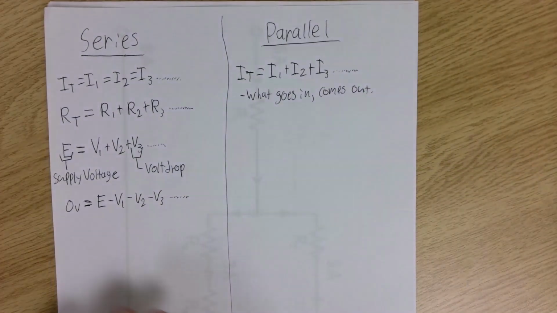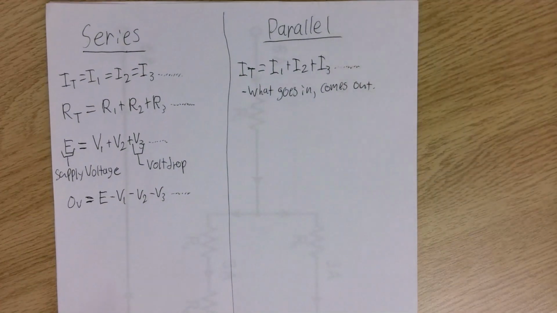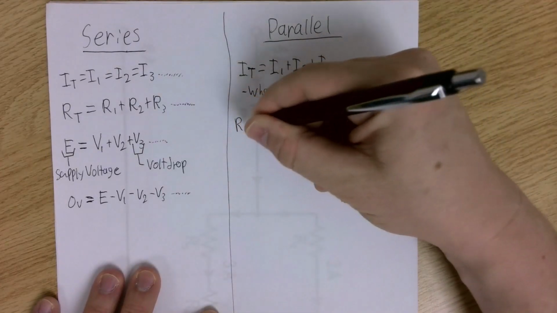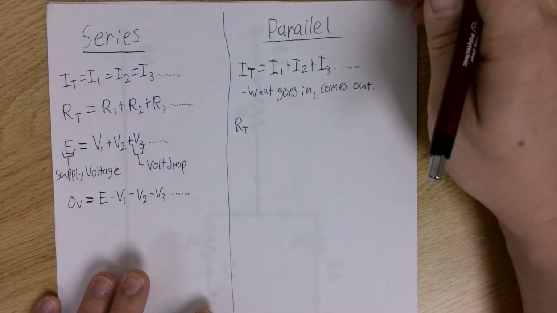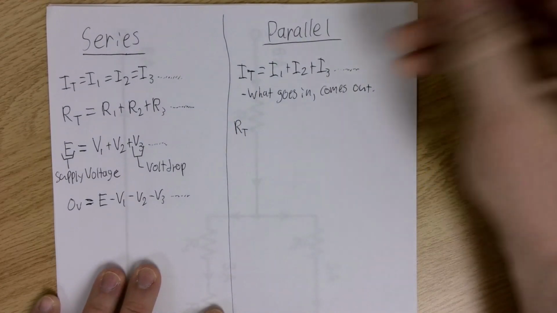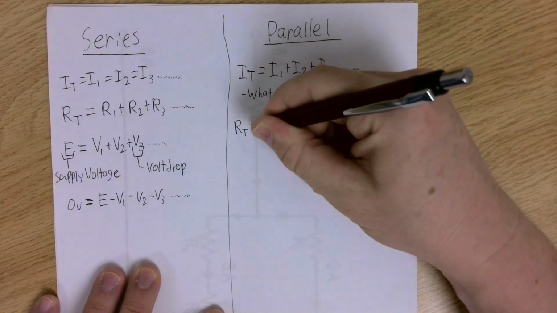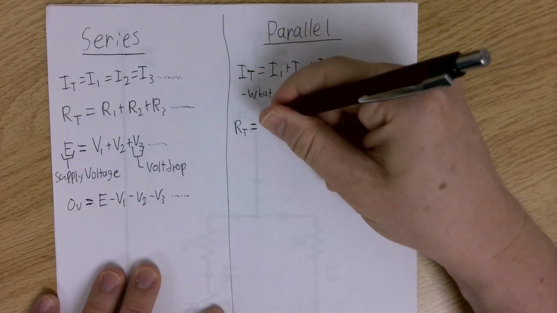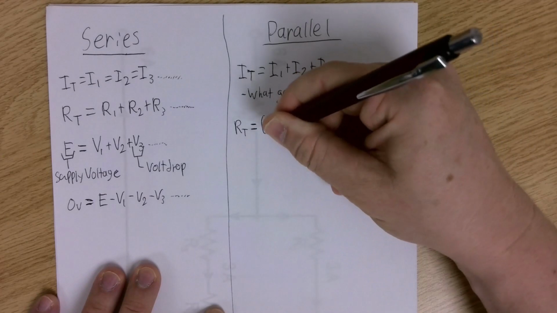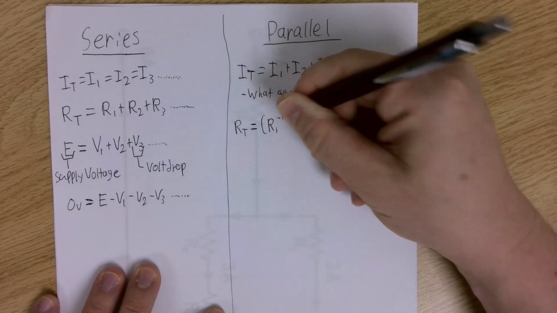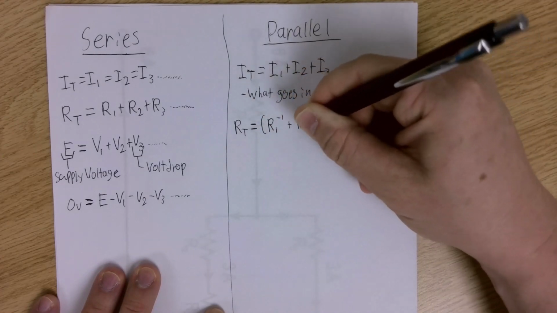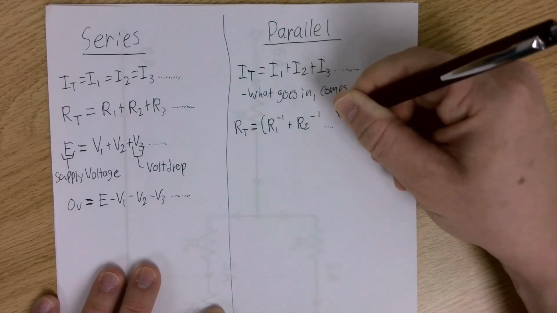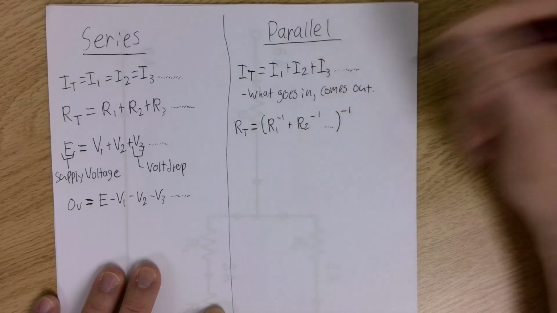We'll be reminded more of that as we go through and solve some of these series parallel circuits. Our total resistance was the one that had a more unique equation. The equation that I use is that our total equals bracket R1 to the negative 1 plus R2 to the negative 1, etc., close the bracket to the negative 1.